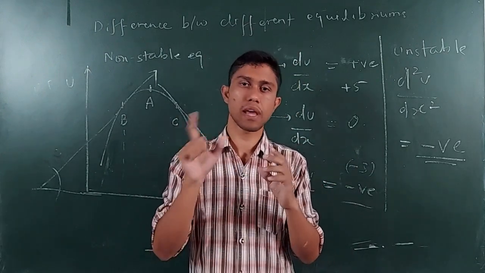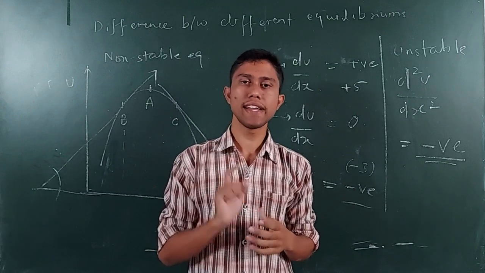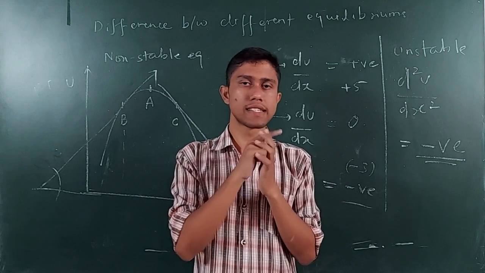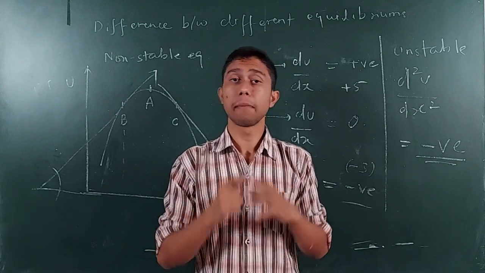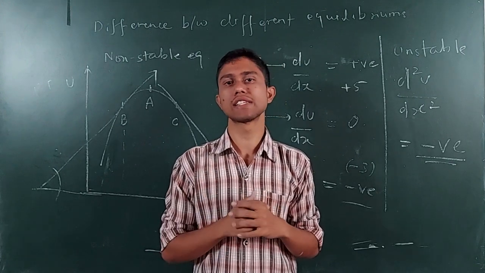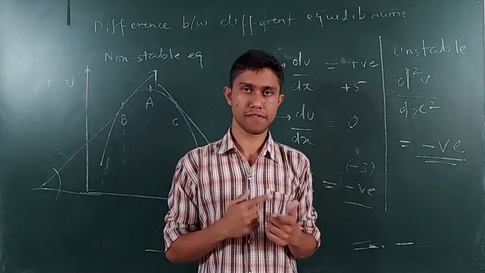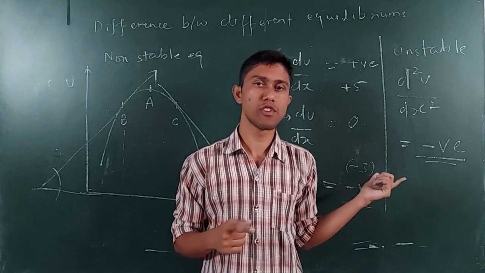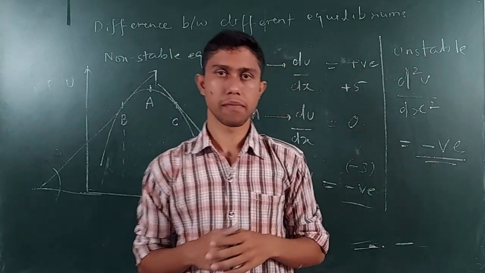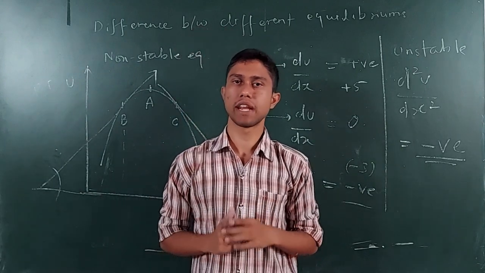You can see that for stable and unstable equilibrium, du by dx for both of them was 0. I couldn't distinguish whether it is stable or unstable equilibrium. But if I know d square u by dx square, I can tell which equilibrium it is. If it is positive, it is a stable equilibrium, and if it is negative, it is an unstable equilibrium. So in this way we have completed the unstable equilibrium.